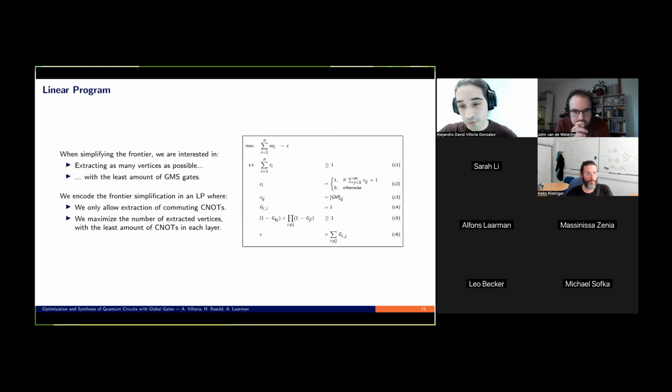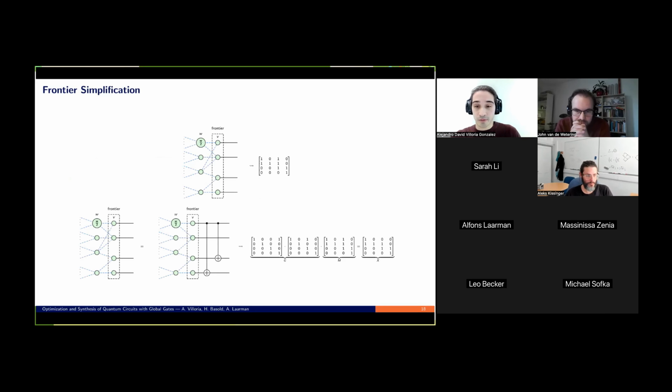Yes, so it's kind of convoluted, I think, to just show it like this. But basically, what we're doing is that we're encoding the finding of, so we are inputting M to the linear program, and we are encoding find me a G that is a composition of elementary row operations such that we get an X with the maximum number of rows with just a 1.